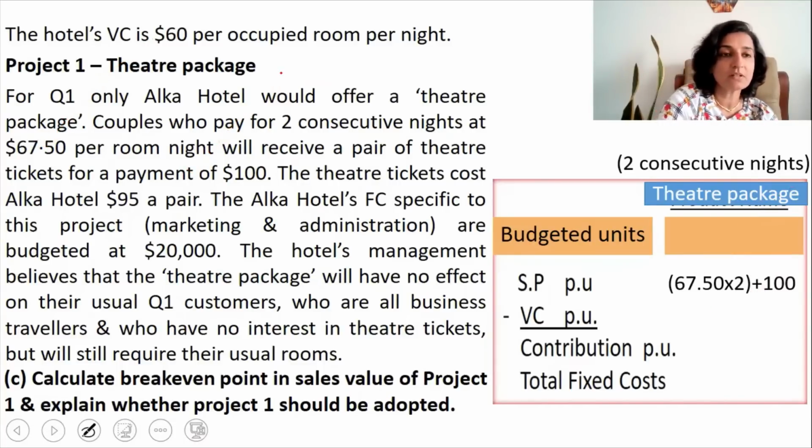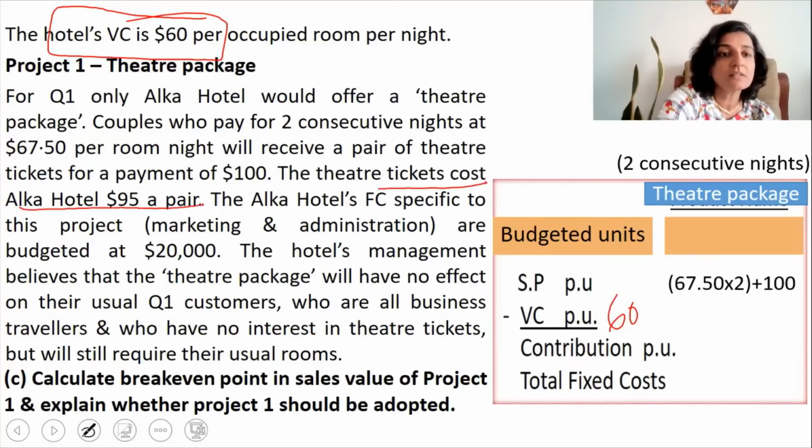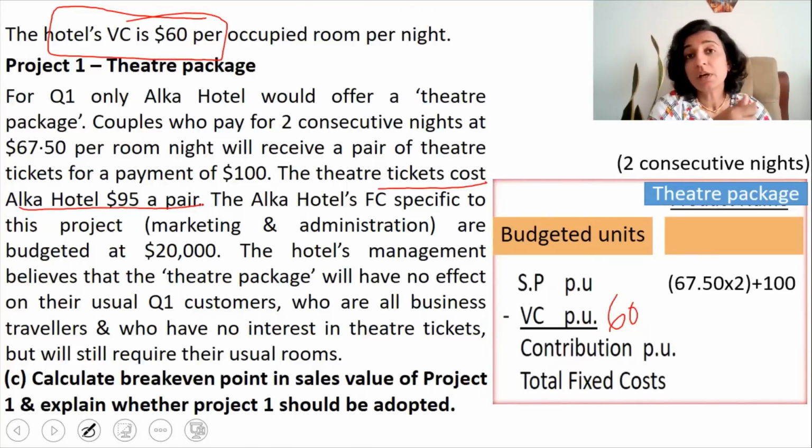Coming to the variable cost, already the hotel is incurring a variable cost of $60. So anyway, $60 will come here. Then the theater ticket costs Alka Hotels $95 a pair. So the theater tickets have to be bought by Alka Hotels, which means that that is also a variable cost. So it is 60, which is the existing variable cost, plus $95, which has to be paid for the theater ticket. So what is the total variable cost?